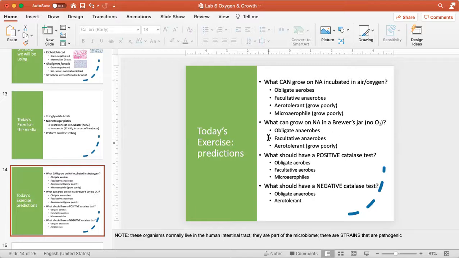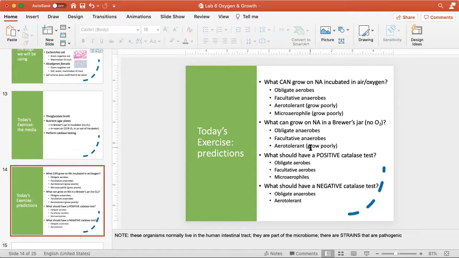They grow best in oxygen, but they don't require it. So they're going to be fine in that jar. Aerotolerant organisms will also grow in there, but they're going to grow poorly. Remember, aerotolerants grow best in low levels of oxygen, but they can grow without oxygen.